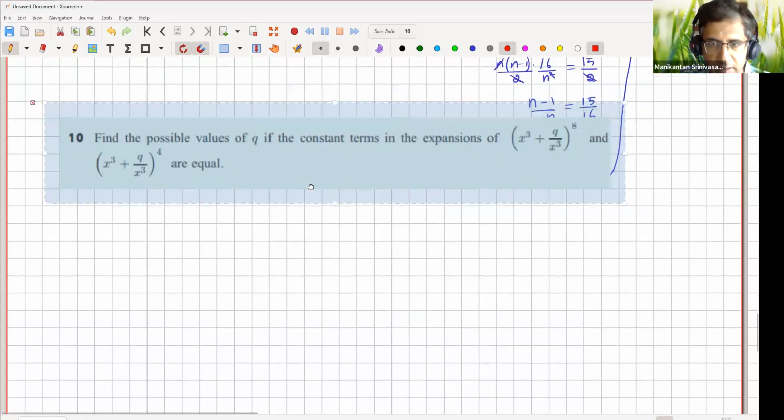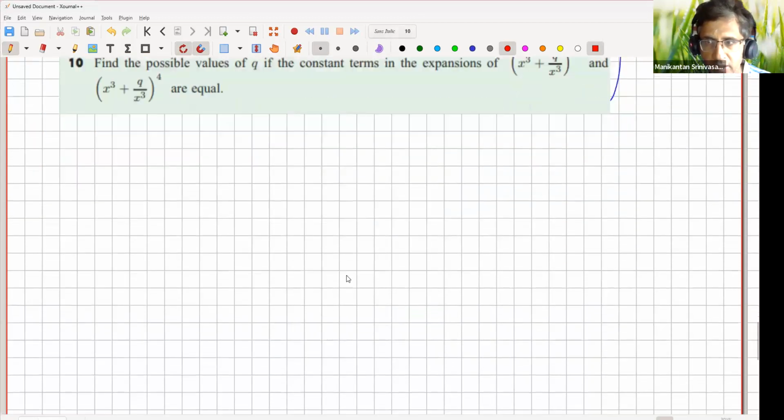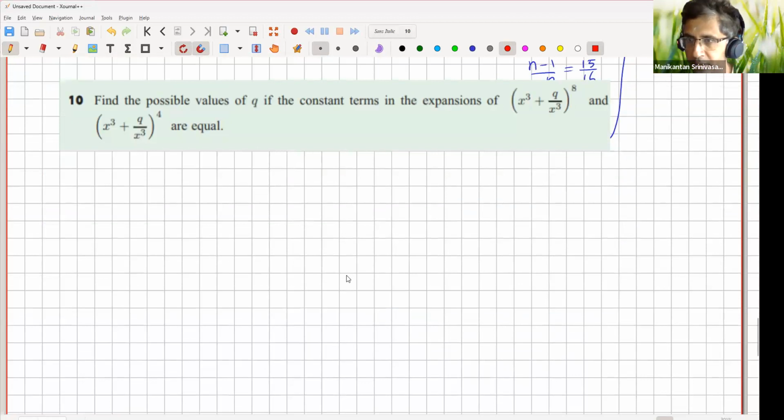This one, right, Thais? Find the possible values of q if the constant term in the expansions of this and this are equal. So constant term means what? The coefficient where there's no x at all, the term which involves x power 0.